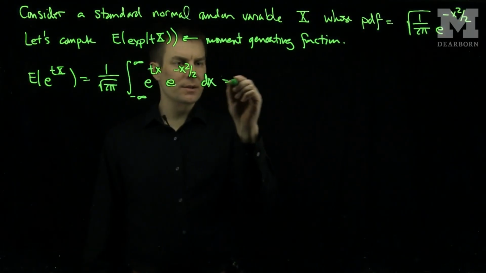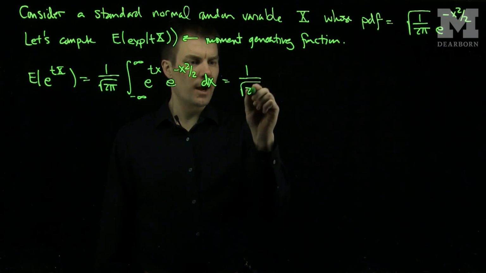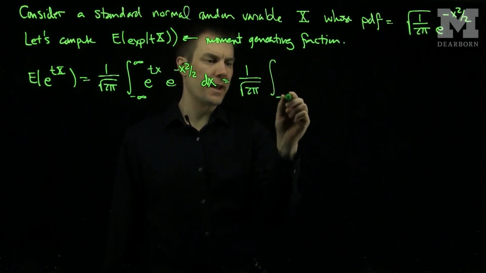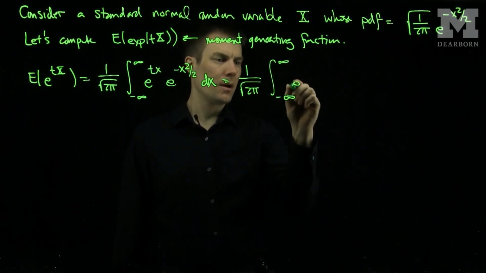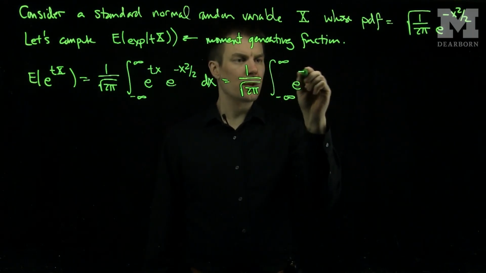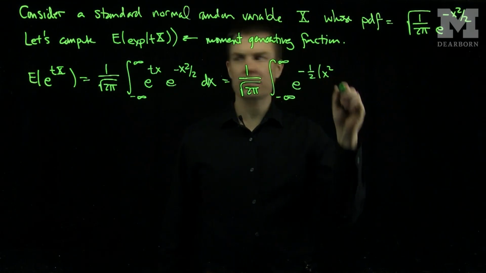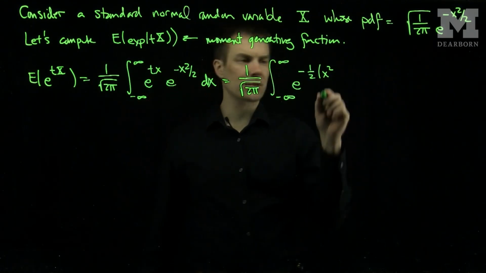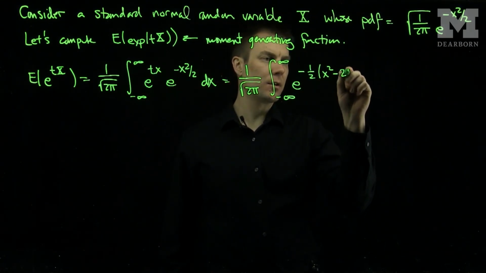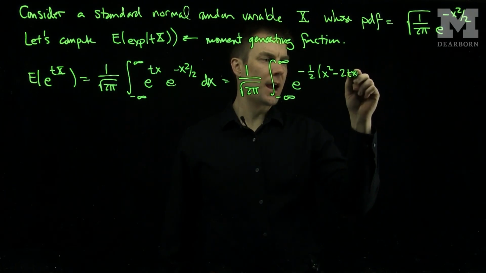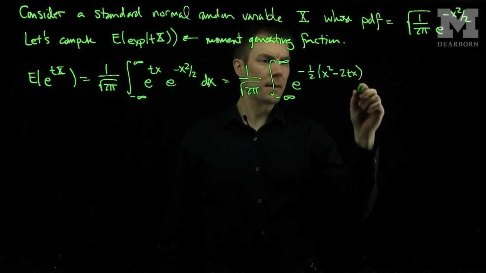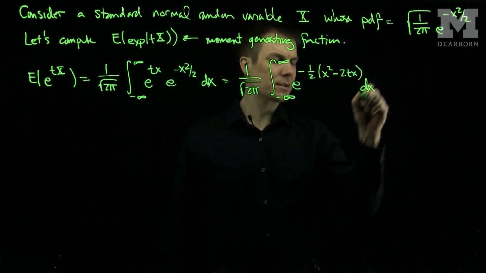And now we could write this as 1 over the square root of 2 pi, the integral from negative infinity to infinity of e to the negative 1/2, and then I can have an x squared over here. And since I have a positive tx over here, I'll put a negative 2tx, and then I'll have a dx.